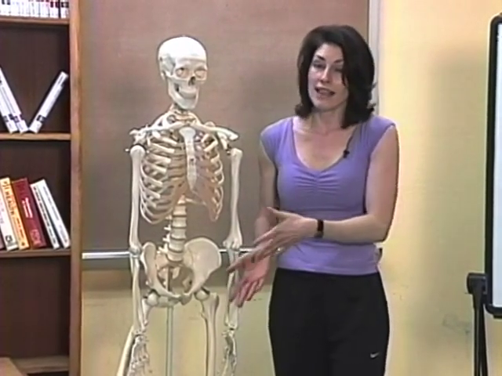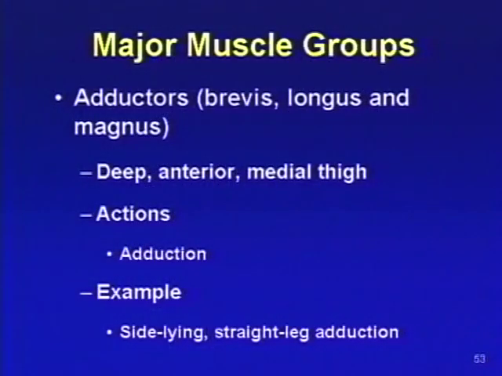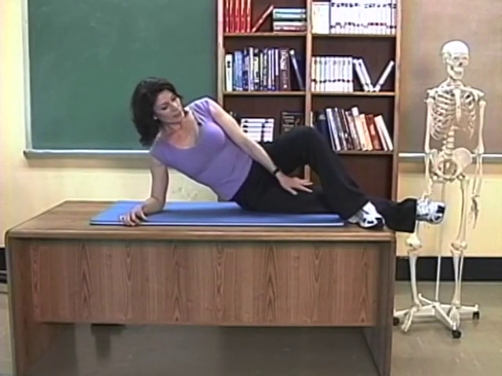The major actions of the adductor muscle groups are, as the name implies, adduction. An example of an exercise that works the adductor muscle group would be a side-lying straight leg adduction. So to demonstrate the side-lying leg adduction, we're going to lift the bottom leg, bringing it into adduction.